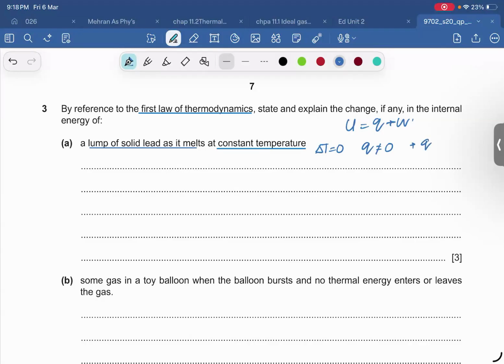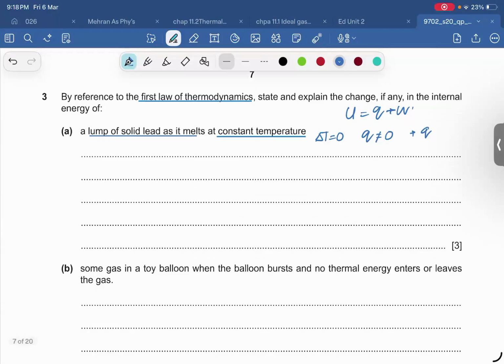First thing. Now the second thing is, if it is converting from solid to liquid, we assume that there isn't any change in the volume. Because generally when a state change happens, we assume there is a very small amount of change in volume.